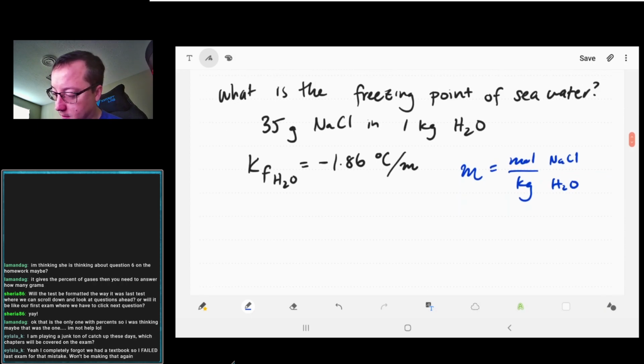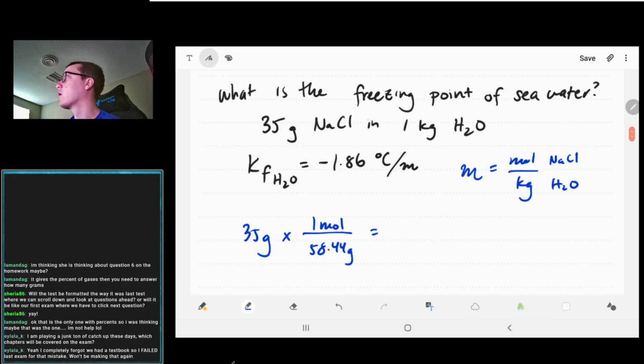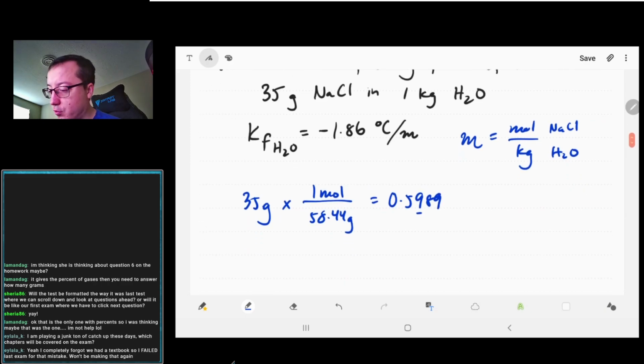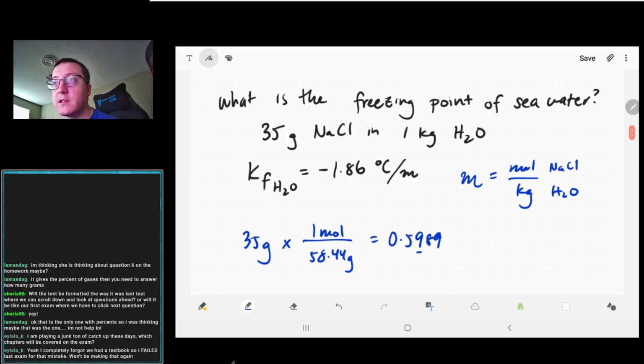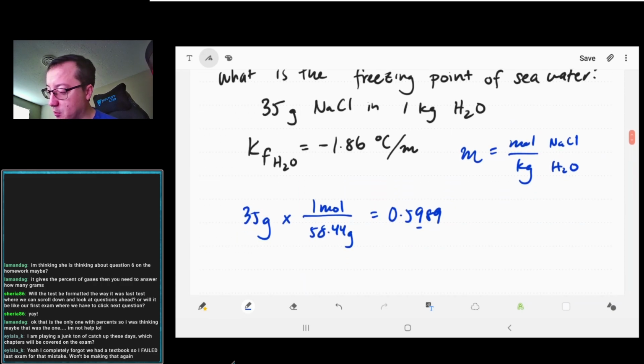So we're going to have to take our 35 grams and convert that to moles. 35 divided by 58.44 is 0.5989. We already have 1 kilogram of water, so this is actually the same as our molality.